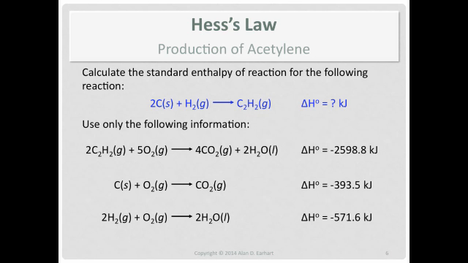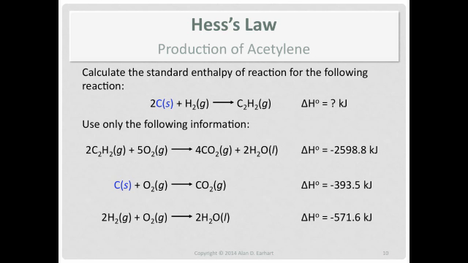Now, if you look at those bottom three equations, there appears to be too much information in it. There's no O2 in the desired equation, but there is in all three of these. Same problem with CO2. Same problem with H2O. Well, there is some information that we need. We need solid carbon.